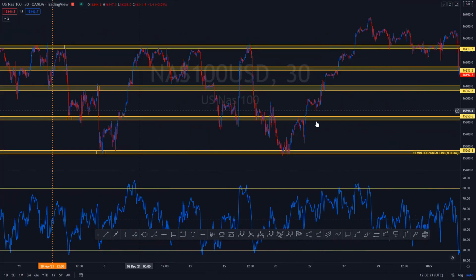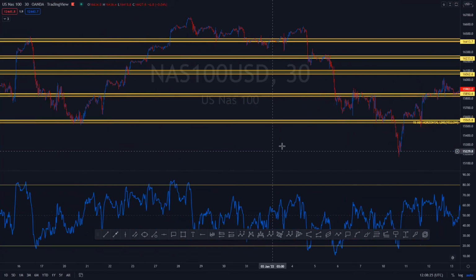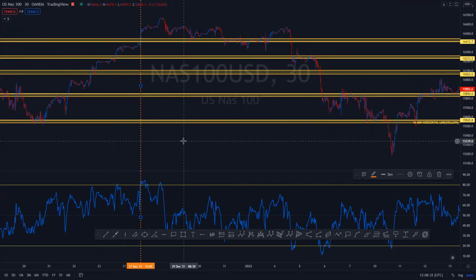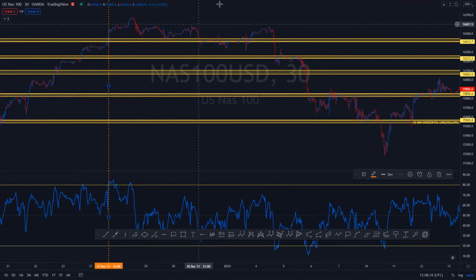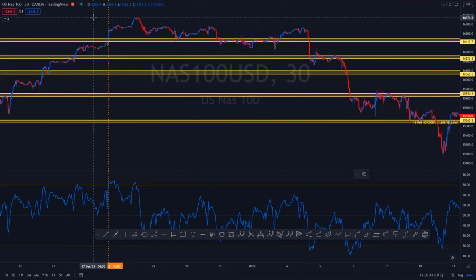You see that's where the vertical line is. So I'll do the same thing here. I'll put a vertical line here because it lets me know that's where I marked up everything for the 30-minute time frame. And then once again, I take my horizontal lines and mark it up again.